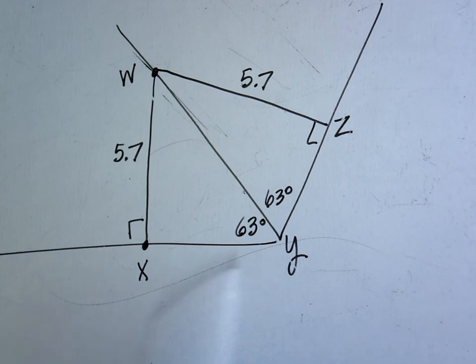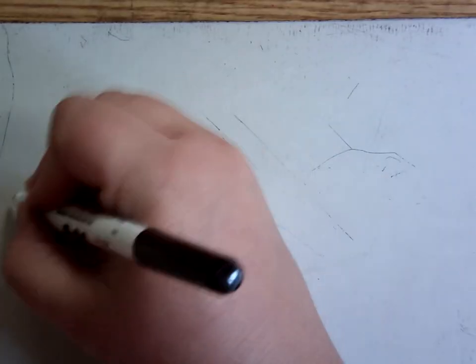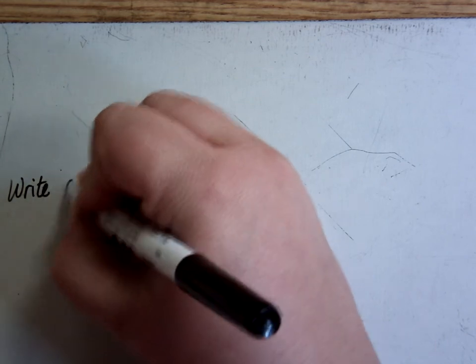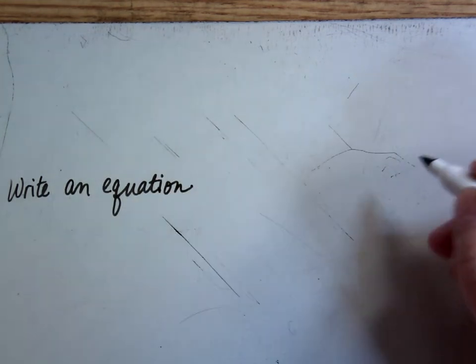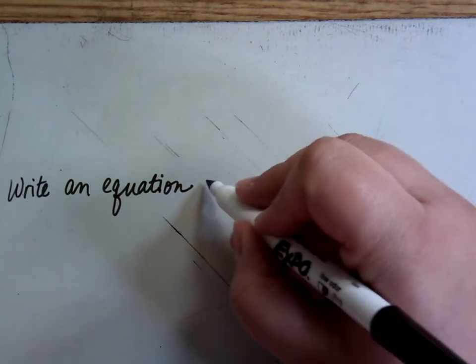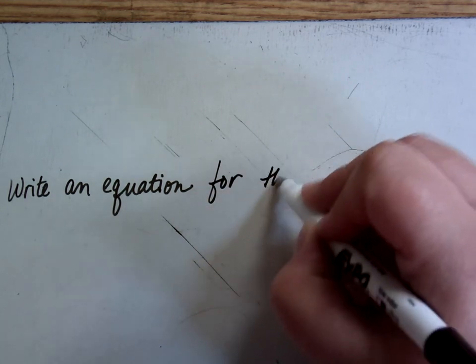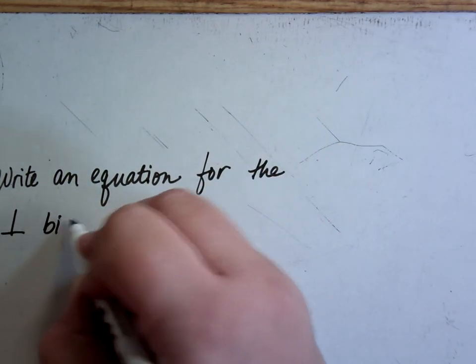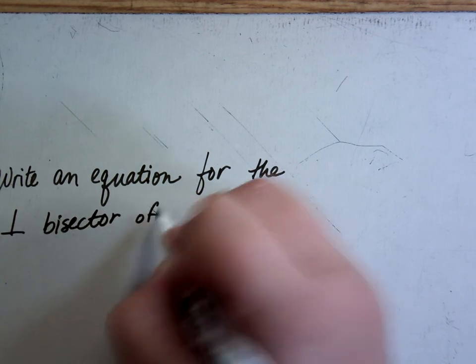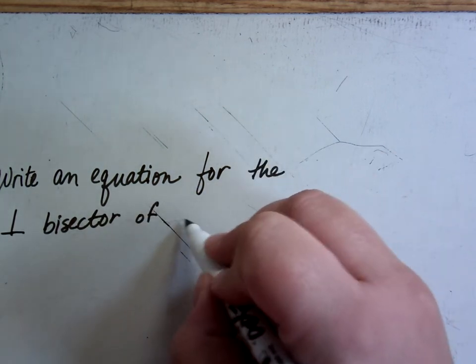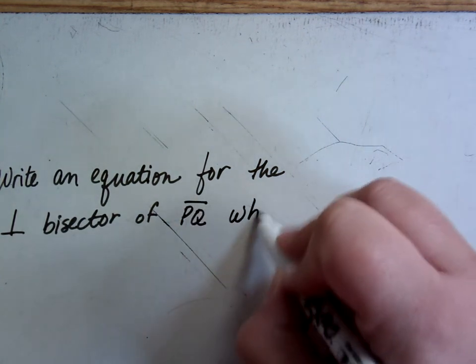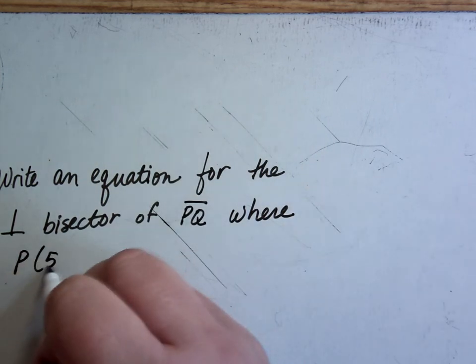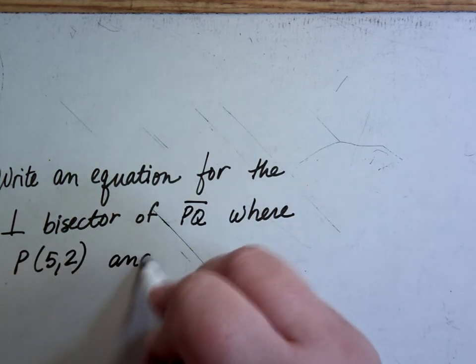Okay? Now, this is where things get a little bit more interesting. We are asked to write an equation, and it says in point slope form. We'll do it in whatever form we feel like writing it in. For the perpendicular bisector of the segment with endpoints, and so I'm going to call it just the name, the endpoints, of PQ, where P is 5, 2, and Q is 1, negative 4.